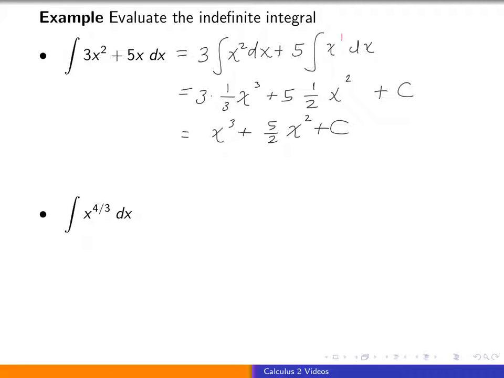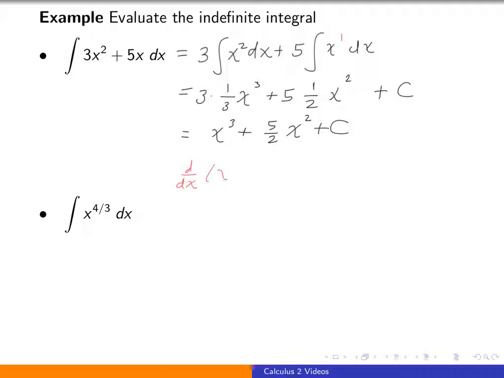Now, as a side note, can you check your solution? And the answer is absolutely. Remember, this is supposed to be the most general antiderivative. So in order to check our solution, we just need to see that the derivative of this quantity on the right is really the integrand function. So just for fun, let's double check.